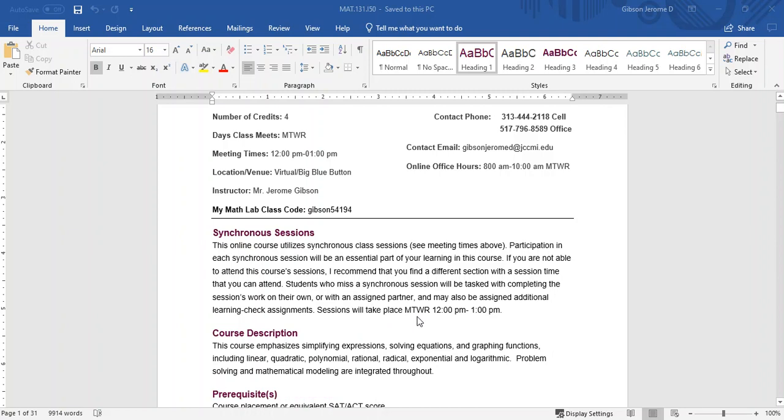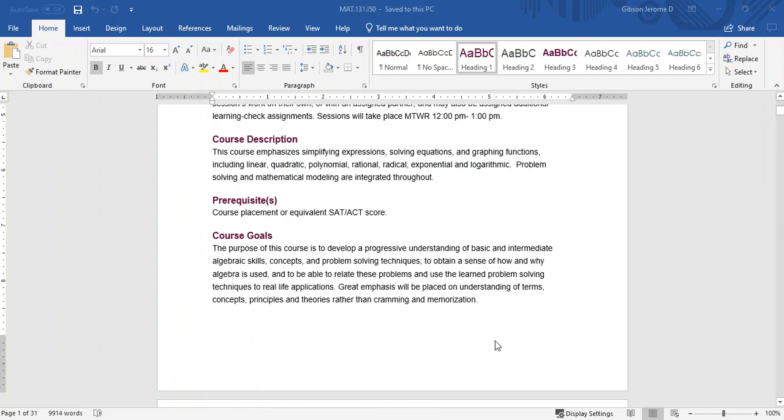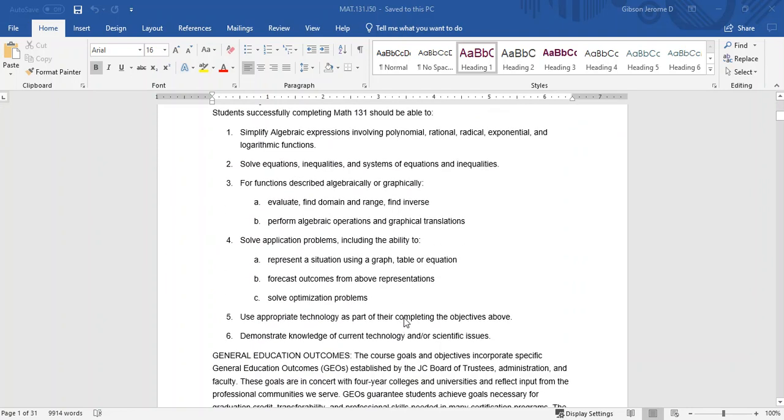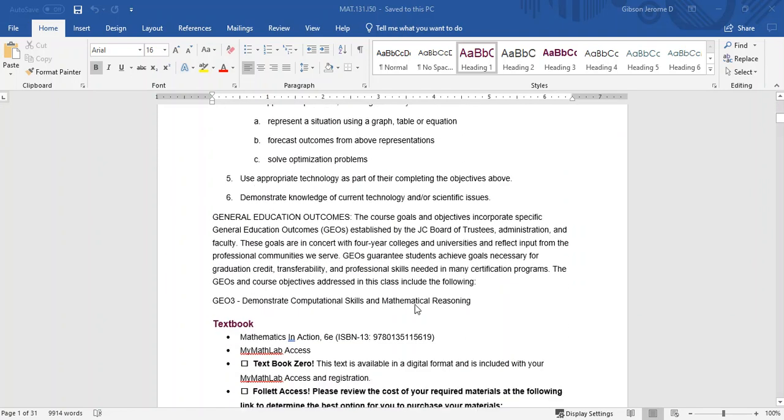Our sessions will take place Monday through Thursday from noon to 1 p.m. These lessons are going to be you all doing work in class and being able to ask me questions over whatever lesson we're supposed to cover that day. The prerequisites, course goals, and course objectives you could read at your leisure.